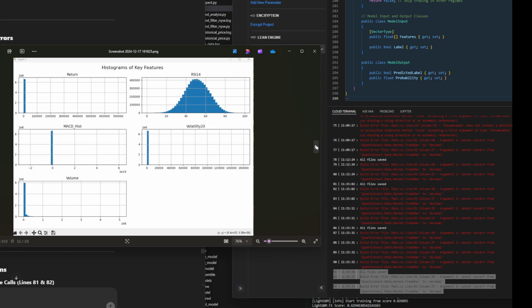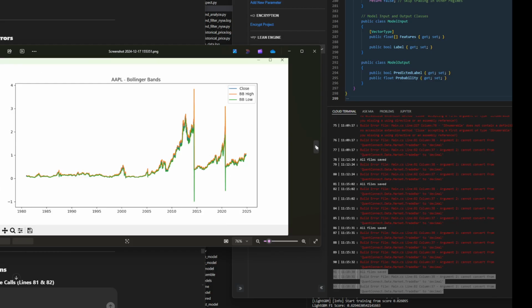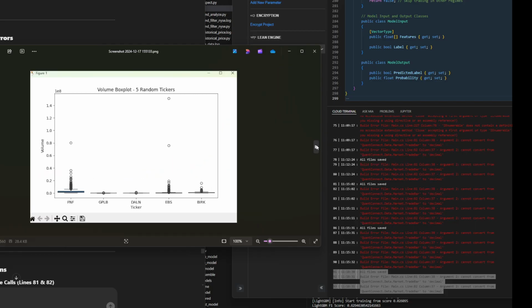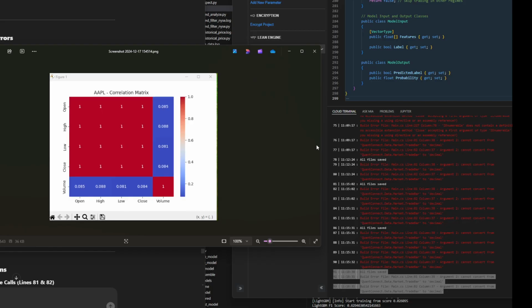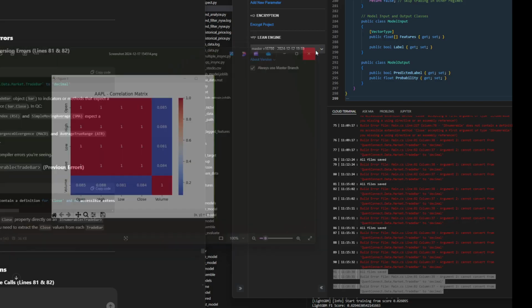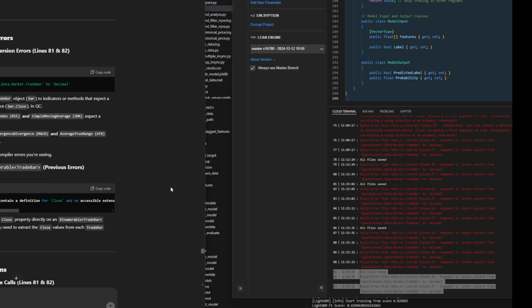RSI 14. So, volatility. Bollinger Bands on Apple. Volume box plot. Sample box plot, I think 5 random tickers. Correlation matrix. Right, I don't know. Anyway, that's the idea of what's going on there.